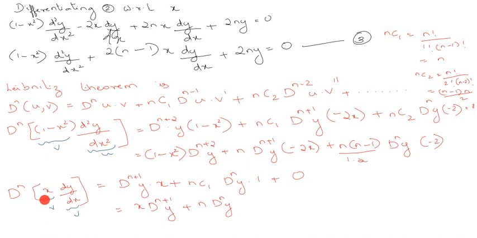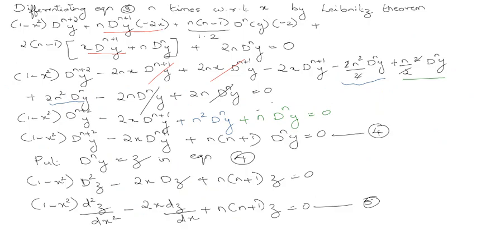So dn of dy by dx, that is dn plus 1 y into x, plus nc1 dn y into differential of x, which is 1, plus 0. So the resulting equation is x into dn plus 1 y plus nc1, which is n dn y, and the next term is 0. And the third term is dn of y, differentiating y n times, that is dn of y. So with all these, we are writing this equation.